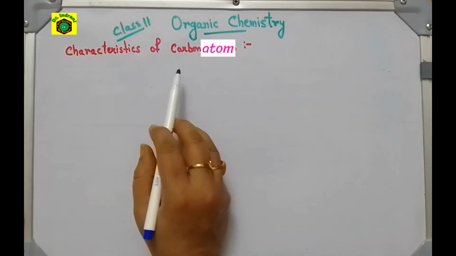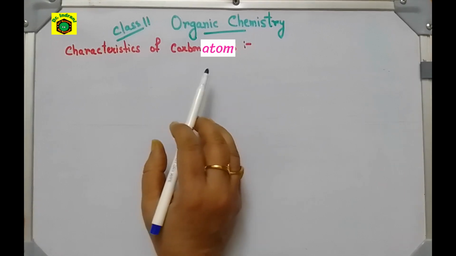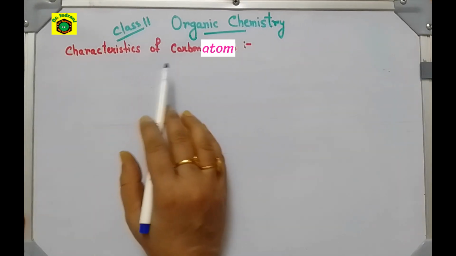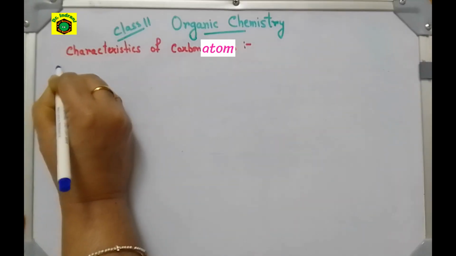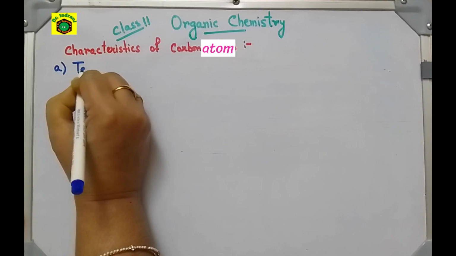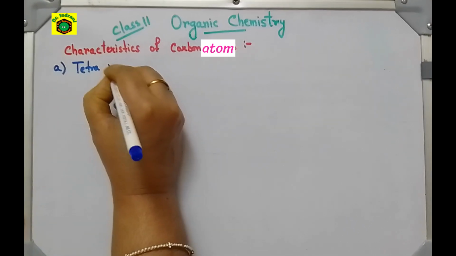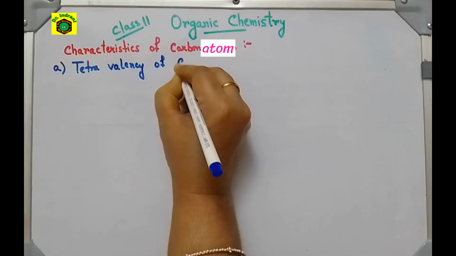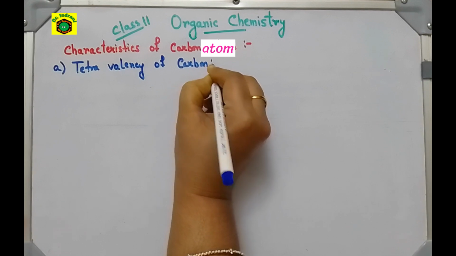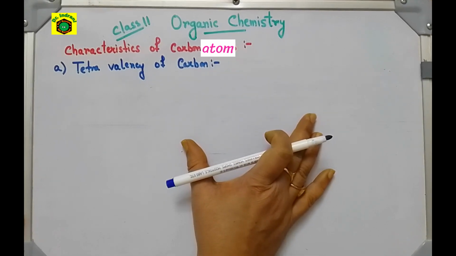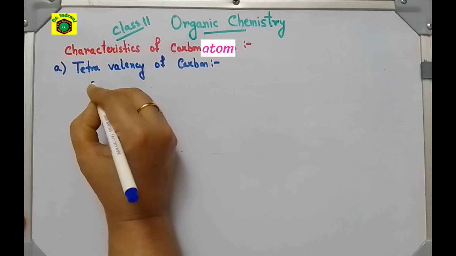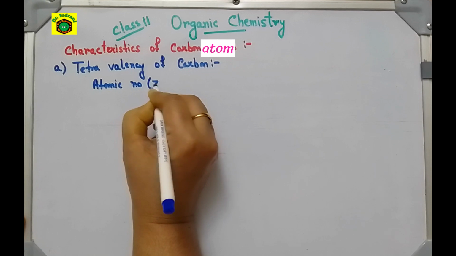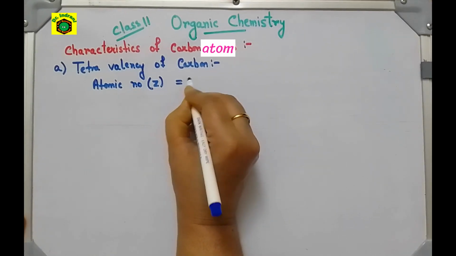Now see, carbon is the main element present in organic compounds. Therefore, we should know about characteristics of carbon atoms. So first one is tetravalency of carbon. Carbon is tetravalent. So what is that? You know, atomic number Z of carbon is 6.